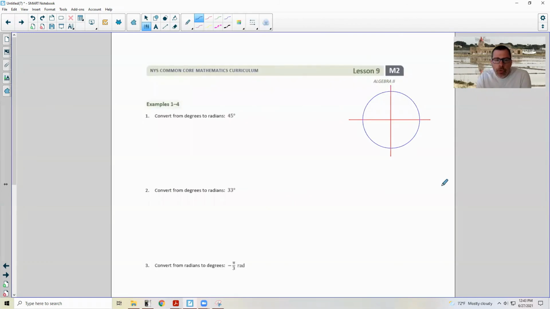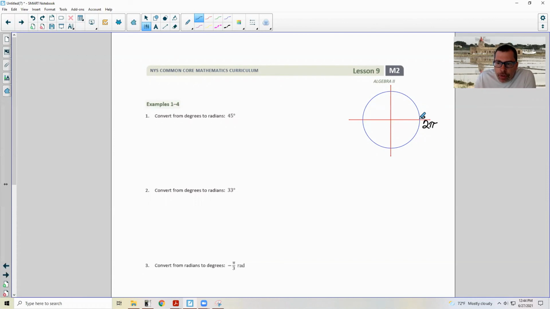Okay, page 4, examples 1 through 4, convert from degrees to radians. Okay, so before I do that, rather than just giving you a formula for conversion, we need to know where that formula comes from. So on the prior page, it said 1 full rotation in radians is 2 pi. So if we start here at 0 and we rotate all the way around, this is also 2 pi radians.